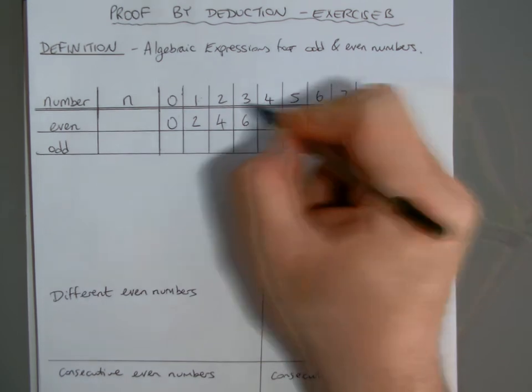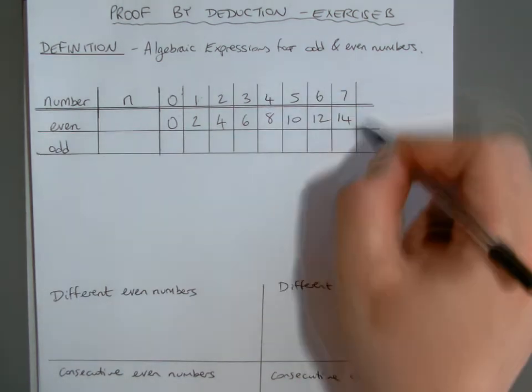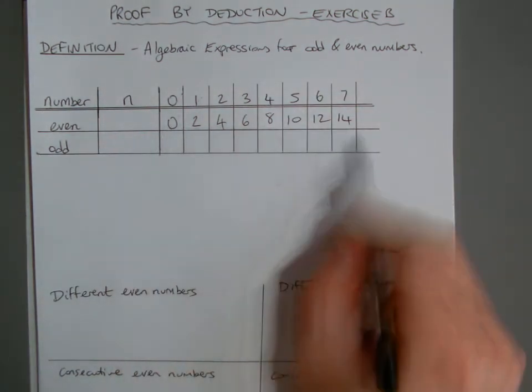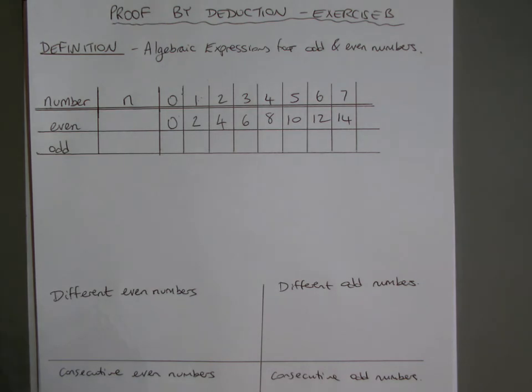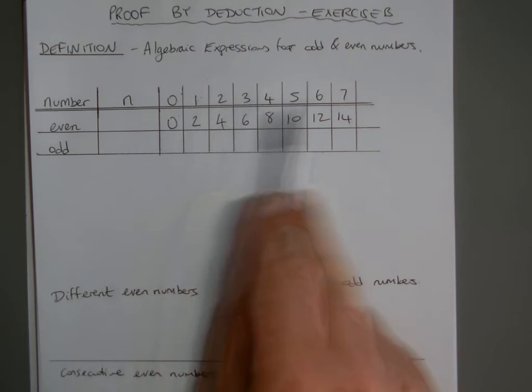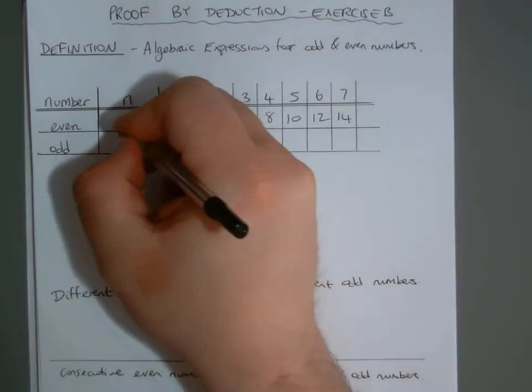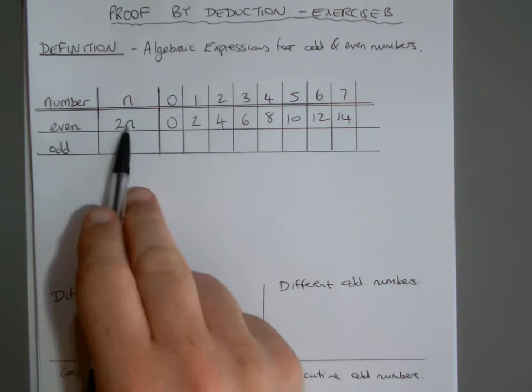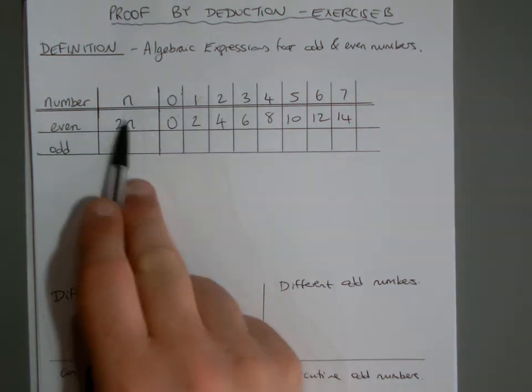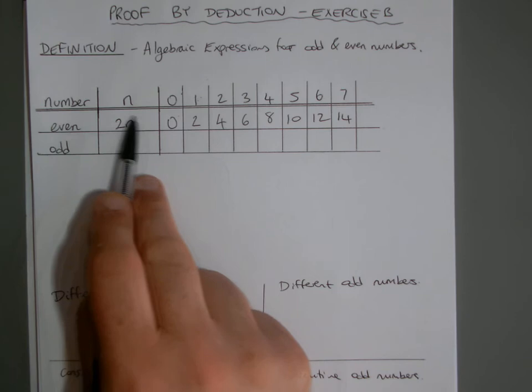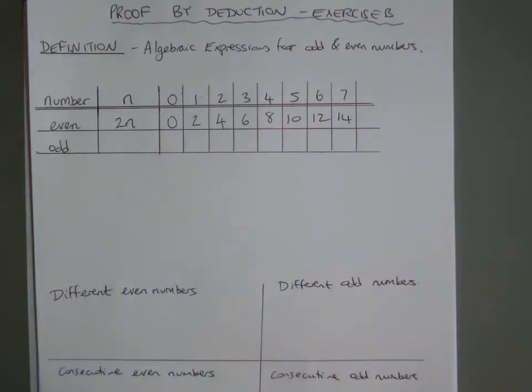By doubling the counting numbers, I get the even numbers isolated. The odd numbers disappear just by doubling. So in terms of an expression, it'll be 2n, because I'm doubling n. That would be my algebraic expression for even numbers. It represents the 2 times table, if you want.